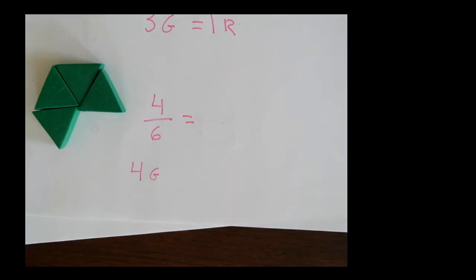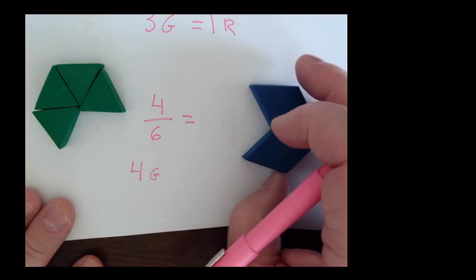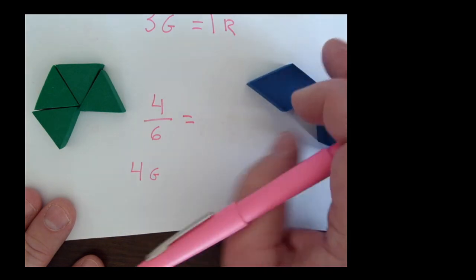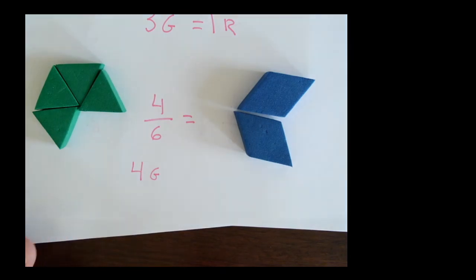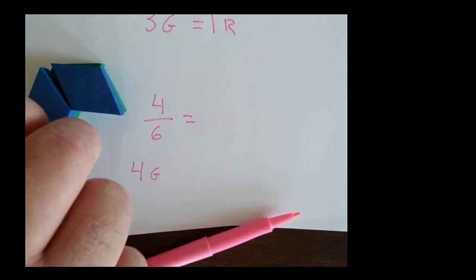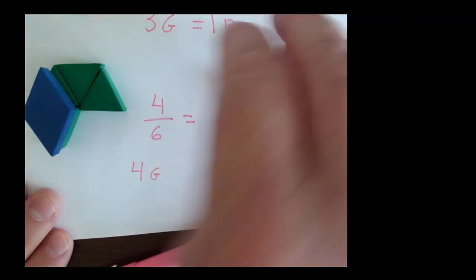And what's going to be equal to that? How about this? And it might help to put them right on top of each other. That's okay if you did that. And I think that's really helpful to do sometimes.